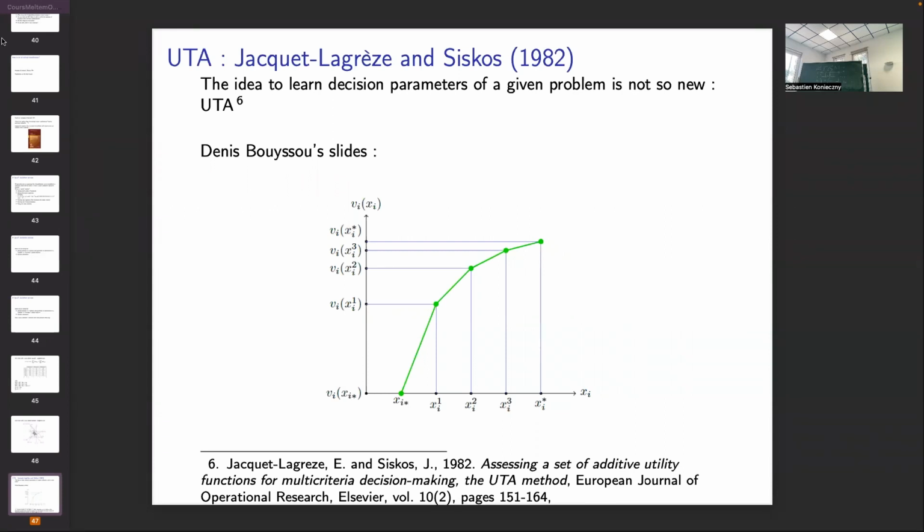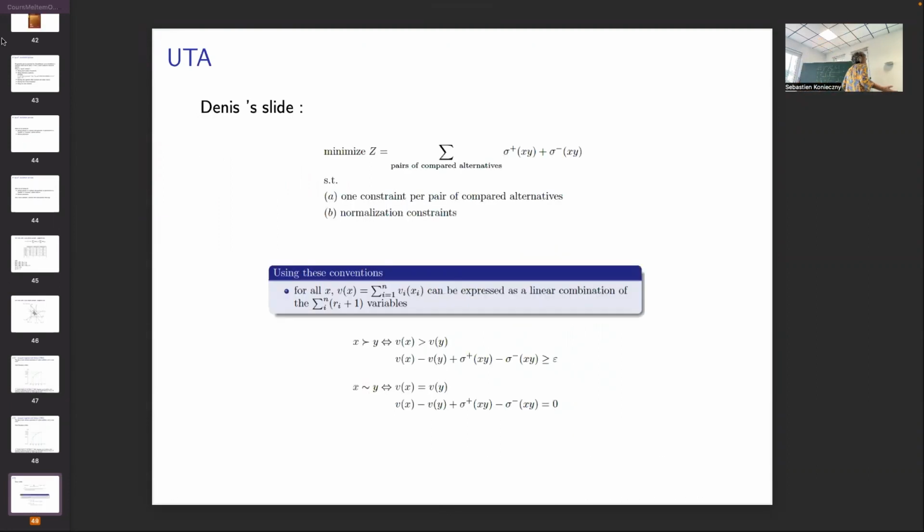So it was exactly what I explained to you. It was for additive utility, saying that the utilities will be non-linear, but piecewise linear like this. And they used linear programming because all my constraints are linear. Here I said that x is better than y.